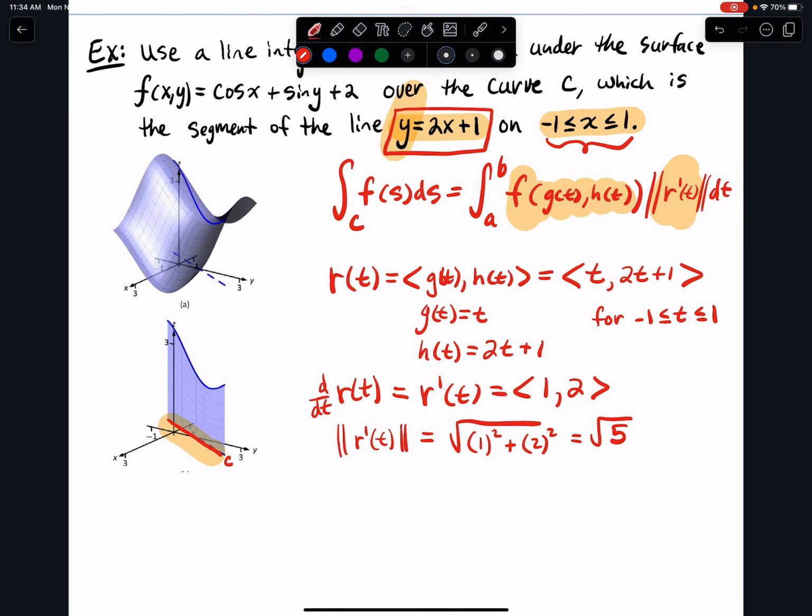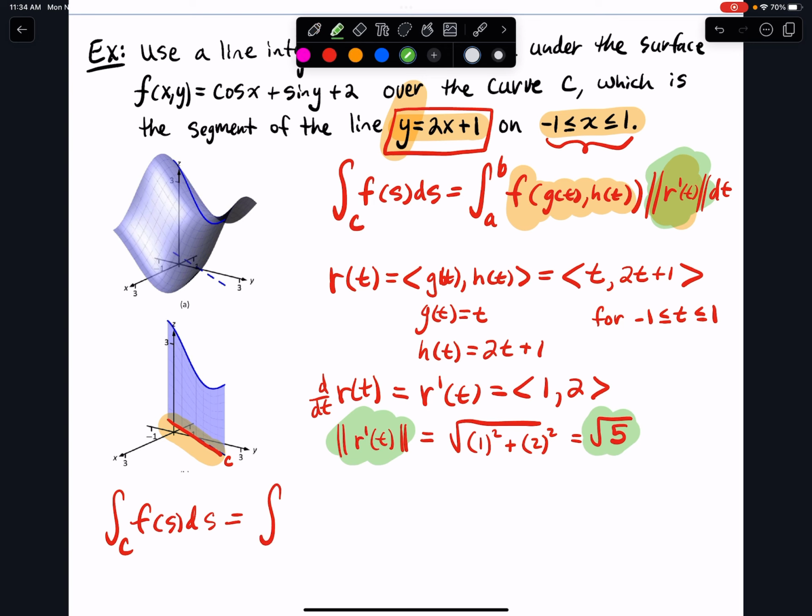So this magnitude of the derivative is equal to the square root of 5. Okay? This integral over C of f of s ds is going to be the integral from a to b.